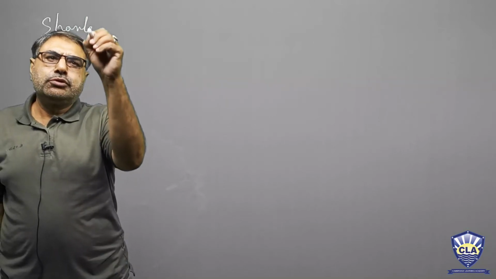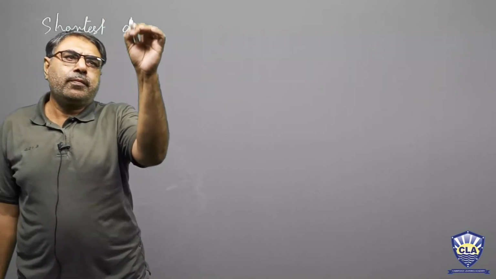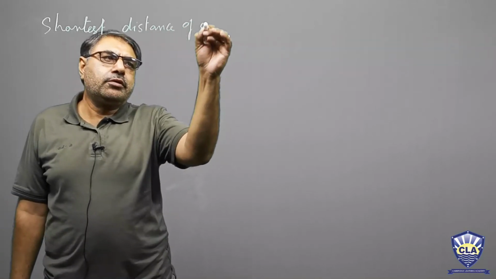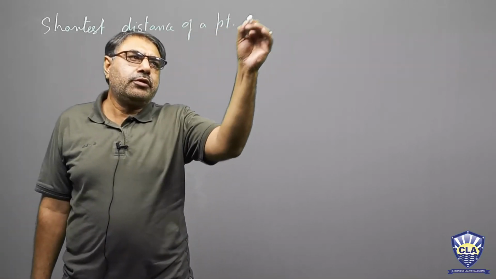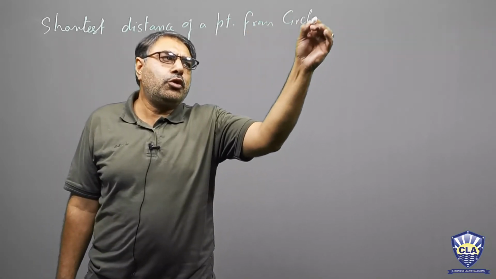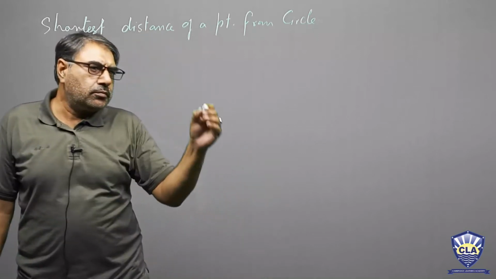अब करते हैं shortest distance of a point from circle, not from center, from circle.